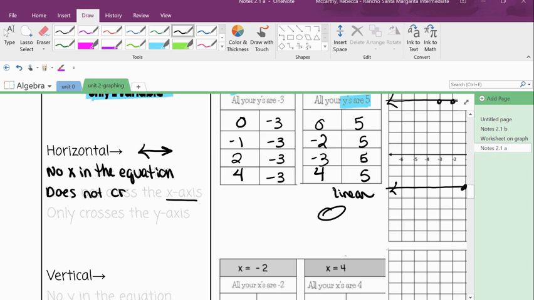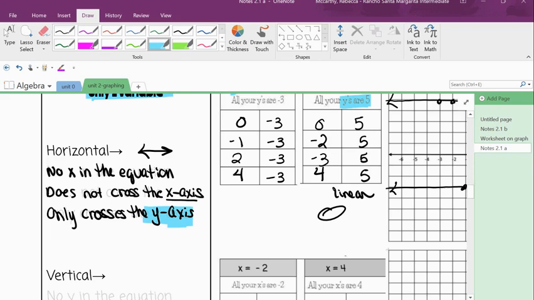Since there is no x, it will not cross the x-axis. It's real important that you recognize that. It only crosses the y-axis. I'm going to take my highlighter and it only crosses the y-axis.